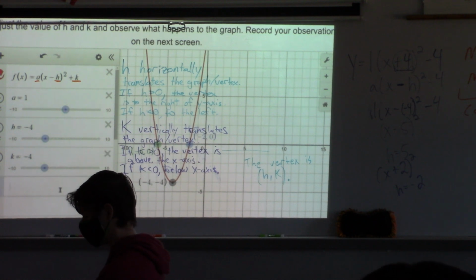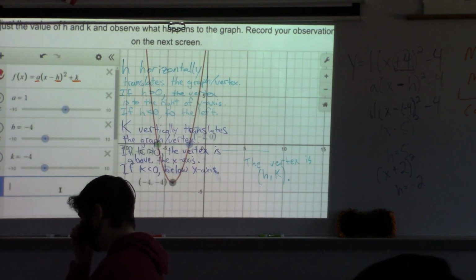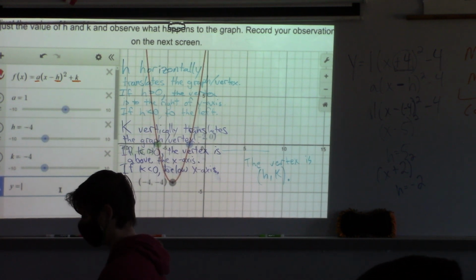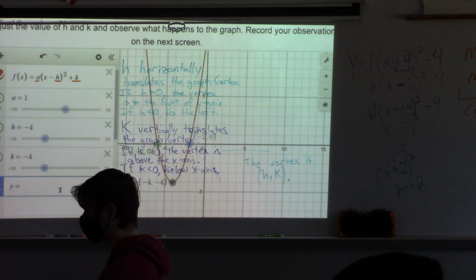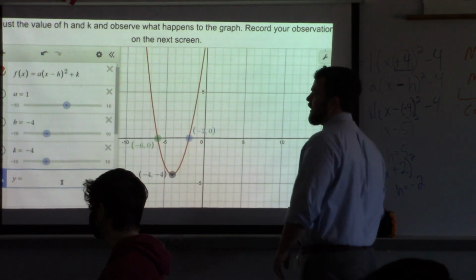Alright, let me ask you this. First off, what did the equation start off with? It started with the vertex form. Right, we're still looking at slide 4.